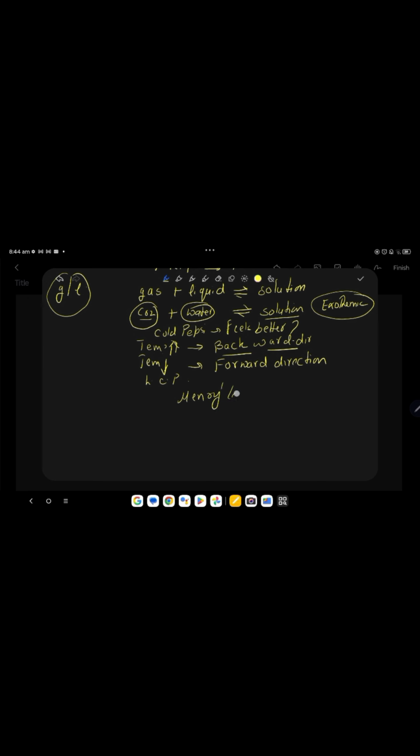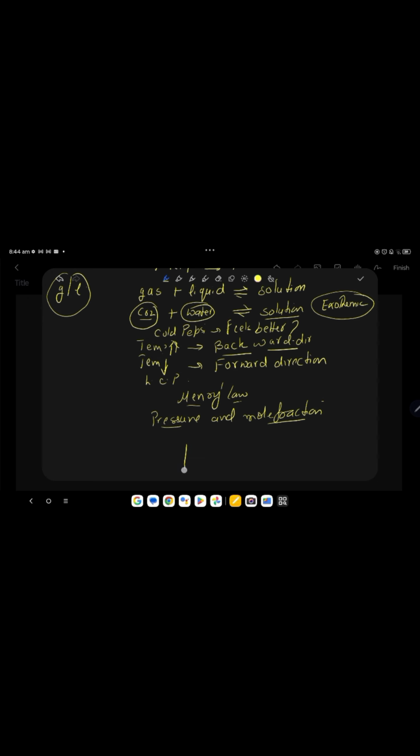Henry's law is about pressure and mole fraction.